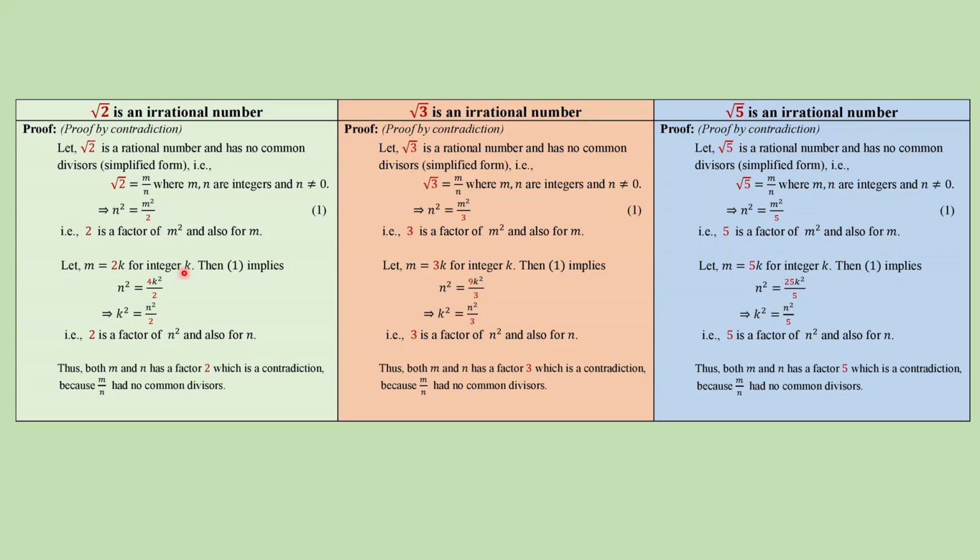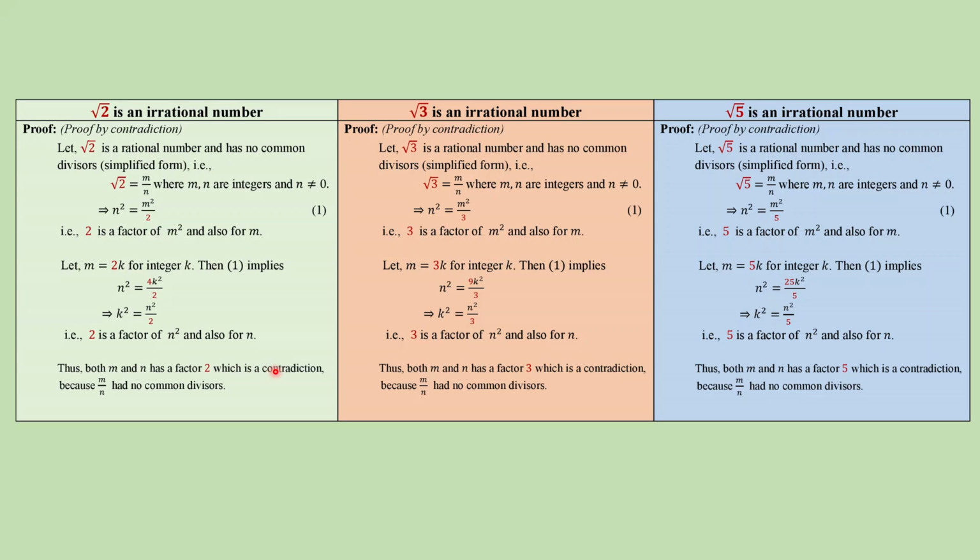Since k is an integer, k square is also an integer, so the left side is an integer. Similarly, the right side is an integer, so 2 would also be a factor of n square, and of n, same as in this case. So from here we see that 2 is a factor of m, and here 2 is also a factor of n. That means 2 is a factor of both m and n.